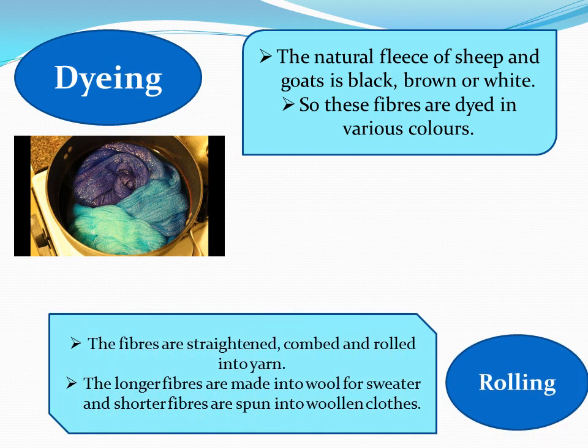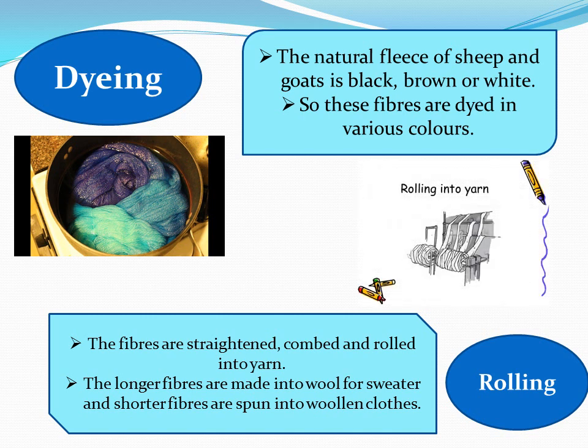The fibers which are obtained after dyeing are straightened, combed and rolled into the yarns, into the ball of yarns. The longer fibers are made into the wool for the sweaters. From the longer fibers we make the sweaters, and from the shorter fibers we make other woolen cloths.